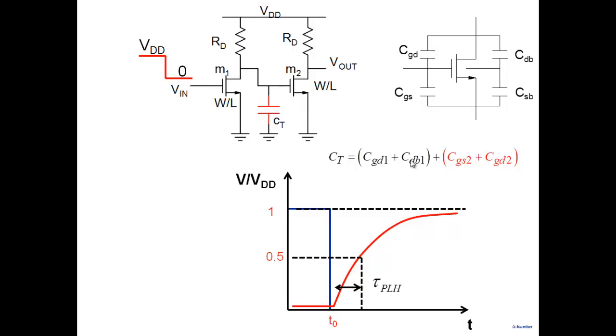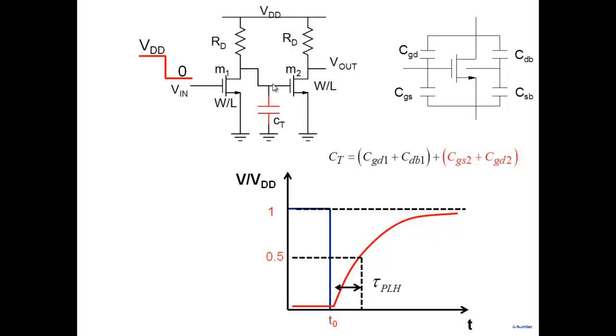And drain to body. Where is body? Body is connected to ground. Between drain and body, there's a capacitance here. That's due to M1. And due to M2, between this node, gate to source, and between this node and this node, gate to drain. So four capacitors are coming at this particular node here.